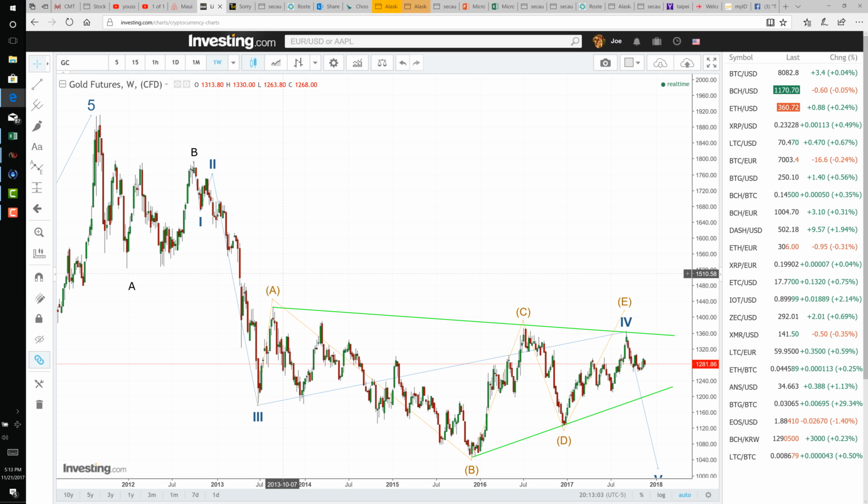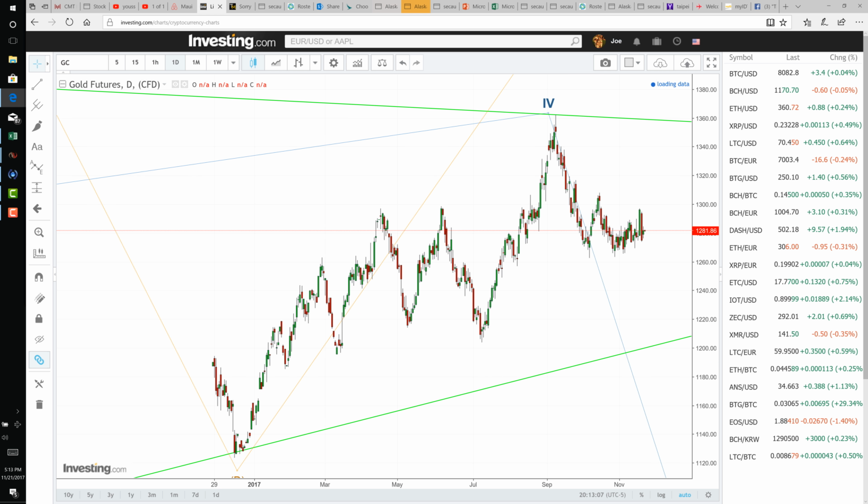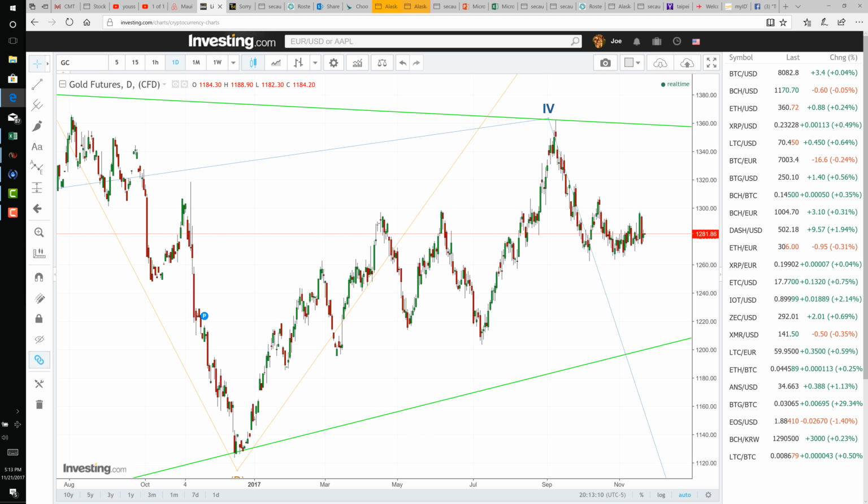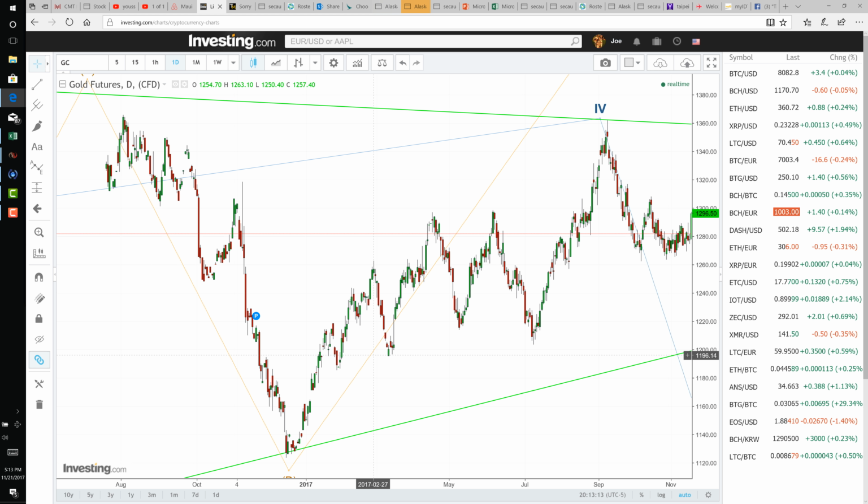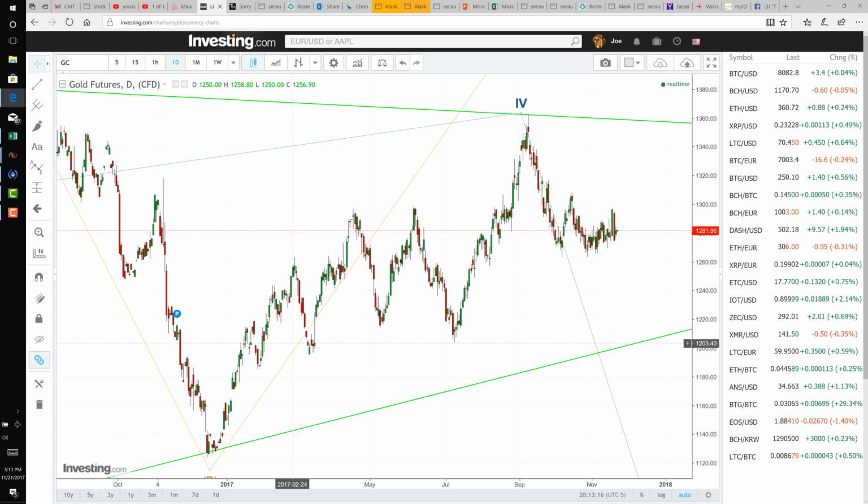I haven't looked at a daily, so let me go and see what this does when I look at a daily. As you can see here, on a daily, we are in wave 4. Here you can probably count, this is a 1, then this is a 2, this is a 3, possibly, this is a 4, and then you have a 1, A, B, C for 2.